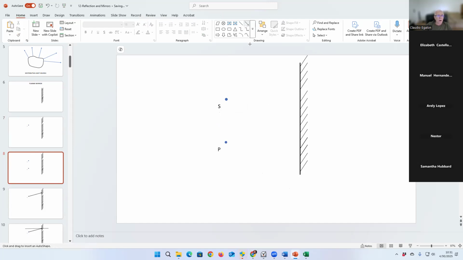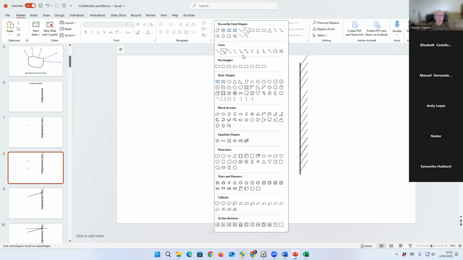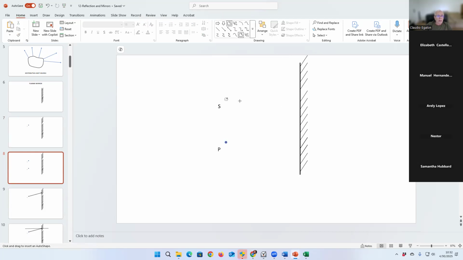So the question is, what's the path that this light ray is going to take? That's the question that you have to ask yourself. The path could be from here to here.